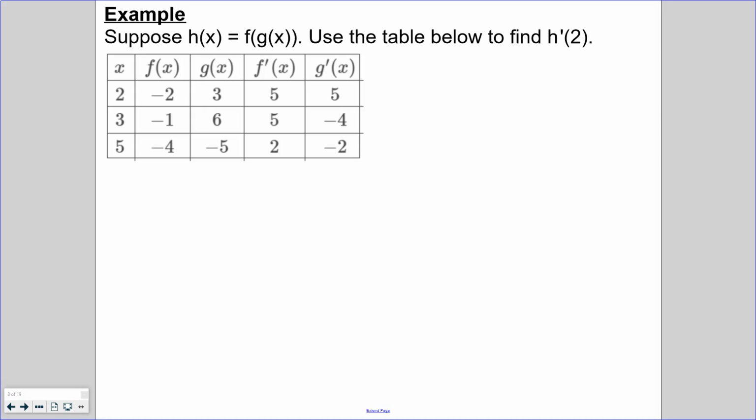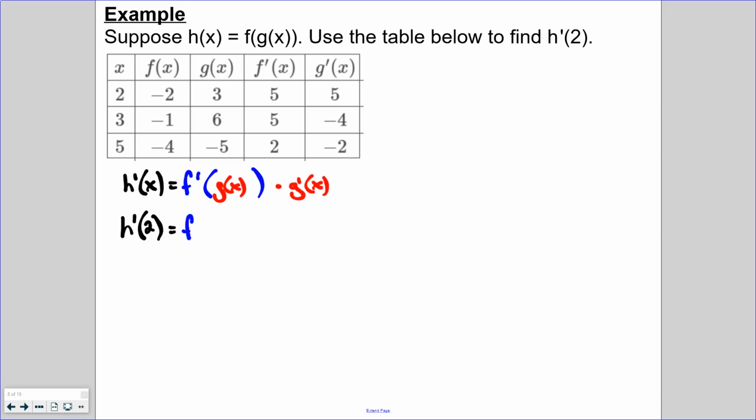All right, so if we are going to take the derivative of h of x, we know that h prime of x is equal to f prime of g of x times g prime of x. But again, we're not trying to find h prime of x, we're trying to find h prime of 2.